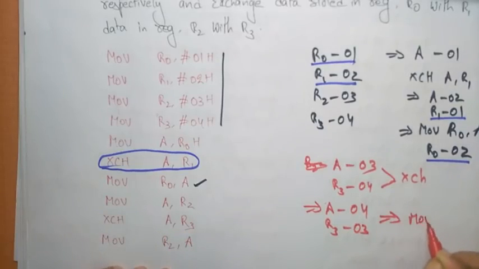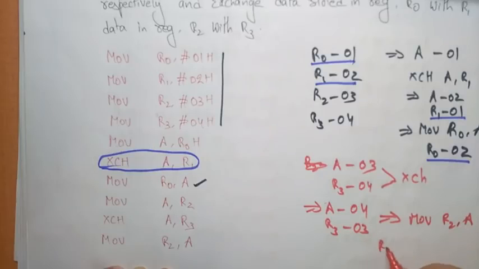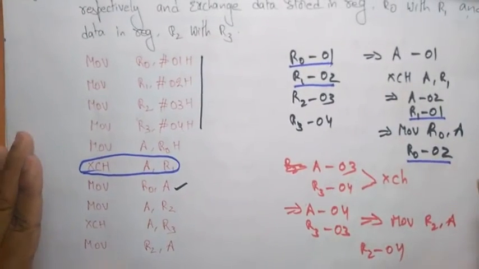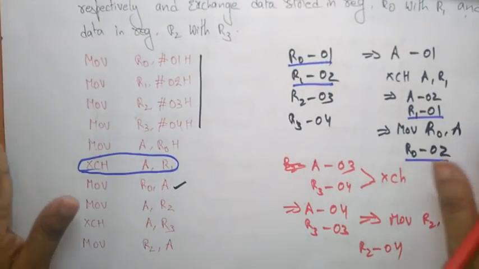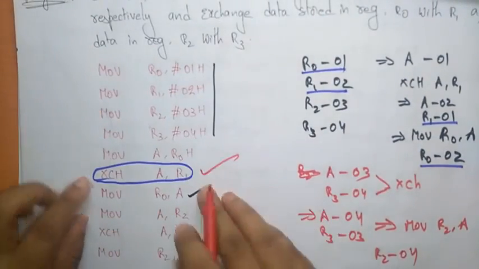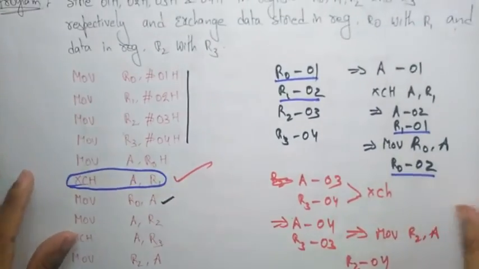Finally, you need to write MOV R2, A. Whatever the A value is, you have to move that to R2. Now R2 contains 04. So now the R3 and R2 values are exchanged. This is the way you write a program using the exchange instruction to exchange values.